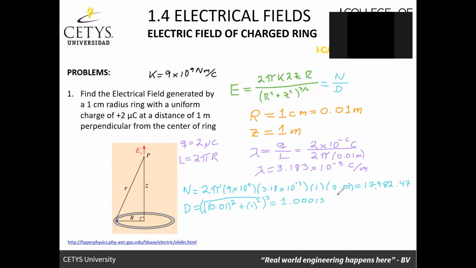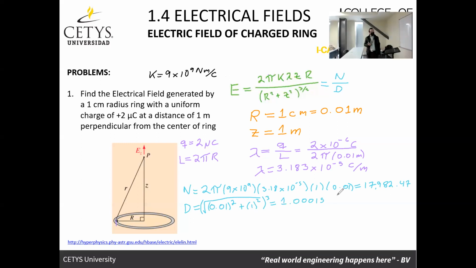I didn't get 1.0. I got 0.5001. Let's check that calculation again, Estrella. So it's 0.01 to the square plus 1.